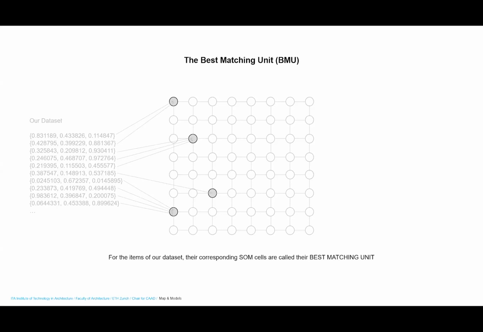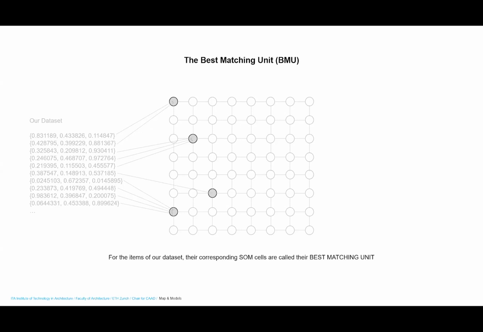And there's a very important concept called the best matching unit. For the items of our data set, their corresponding SOM cell is called their best matching unit. So why is each item projected on a particular cell, and not some other one?